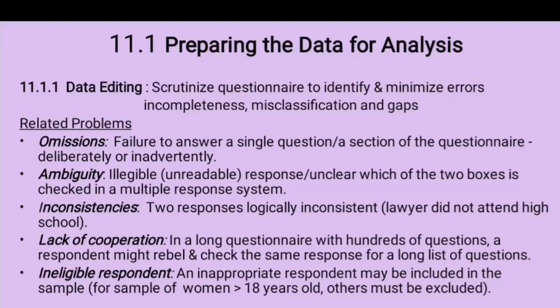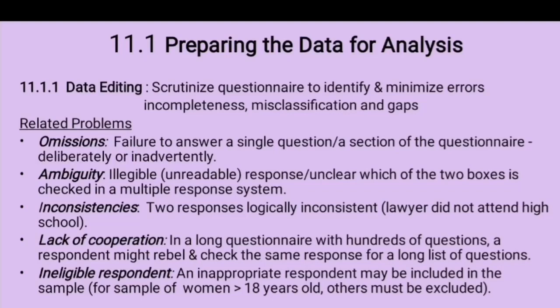Okay, related problems: omissions, ambiguity, inconsistencies, lack of cooperation, ineligible respondent. Omissions, failure to answer a single question, section of the question deliberately or inadvertently. Ni problem yang before you distribute questionnaire. If you are doing it face to face, it will be easy. But if you are distributing online, the first and foremost is to make some filter.